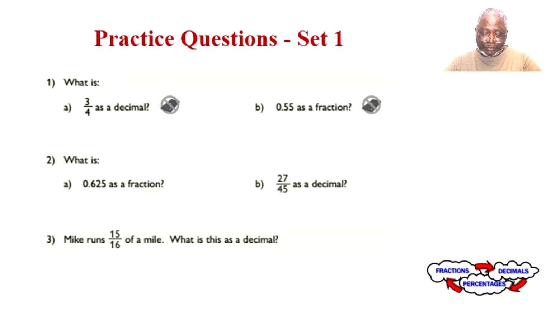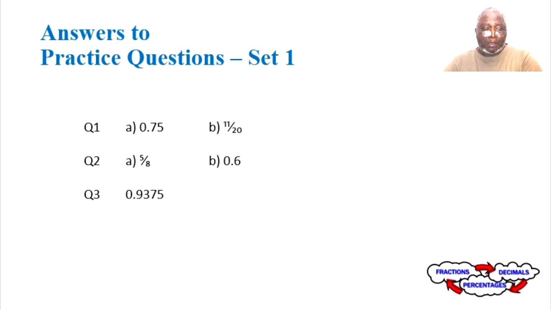B, 27/45 as a decimal. And then C, 15/16 of a mile. What is this as a decimal? All of these things, you need to be able to make these conversions in real life when you get out there into the workplace or anything in your home.